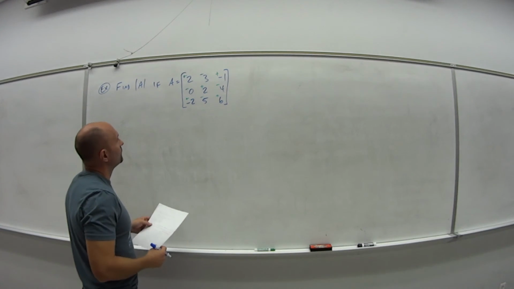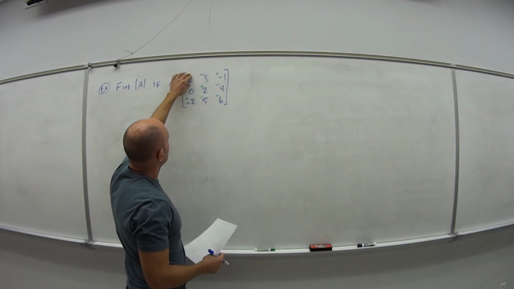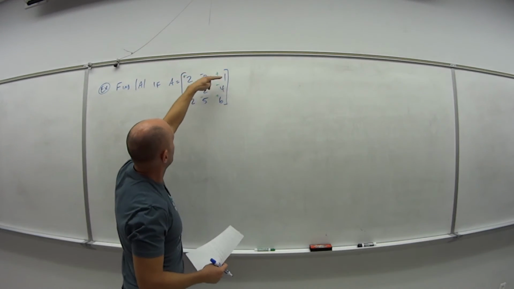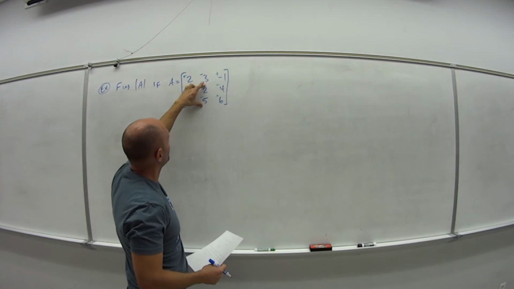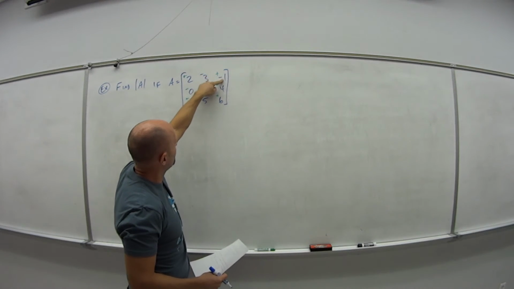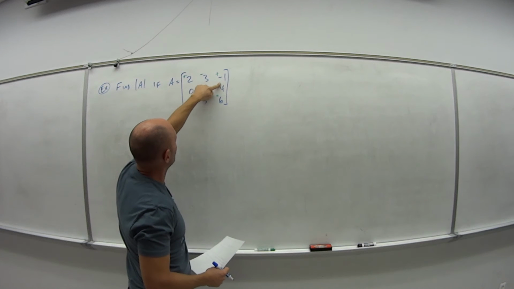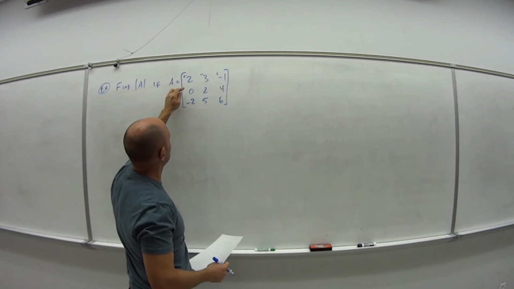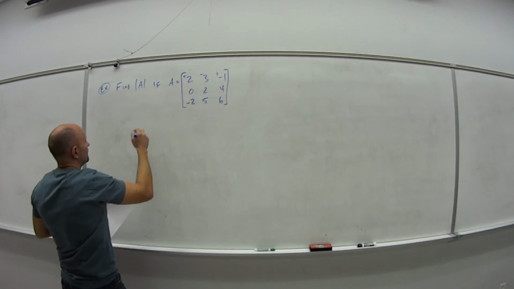Now, to do the determinant, I'm going to do A11, cross out the row and column associated with that, and find the determinant of what's left. And then the second value in the first row, then the third value. The plus and minuses aren't going to affect the problem here, so I'll erase them so I don't get you confused. But we have positive 2.